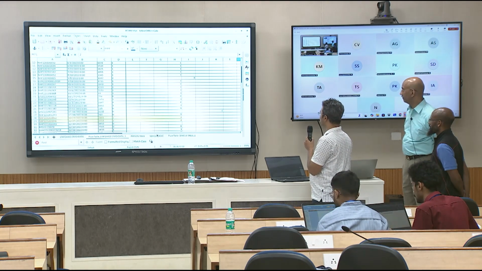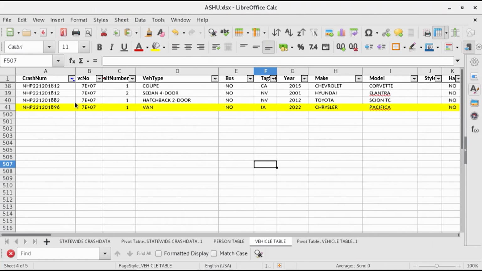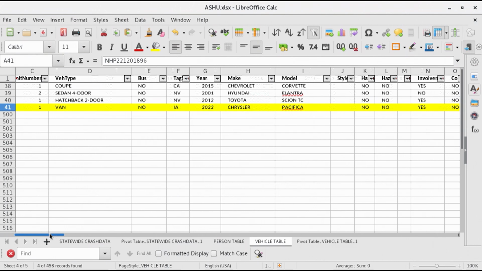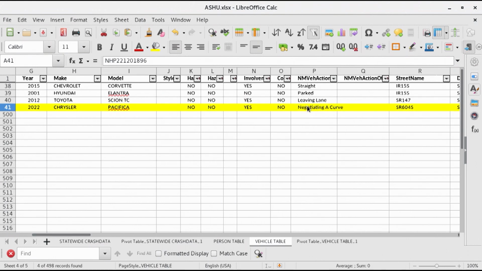So something that has happened over here, it has happened on this one. This is a very clear indicator that this van really ran out of the road while negotiating a curve. So to some extent it makes sense.